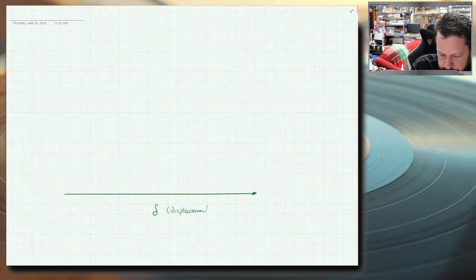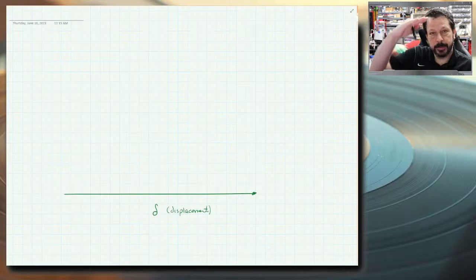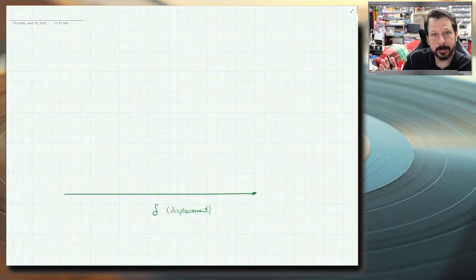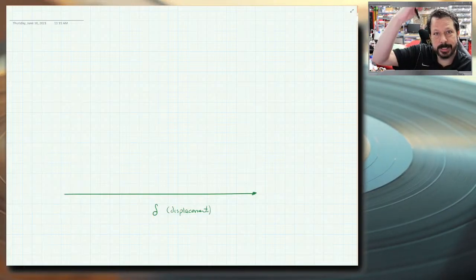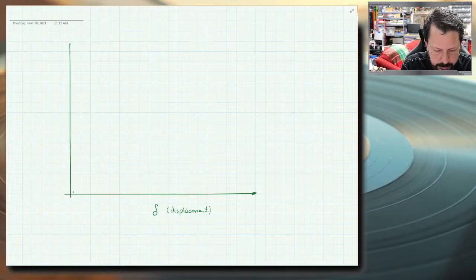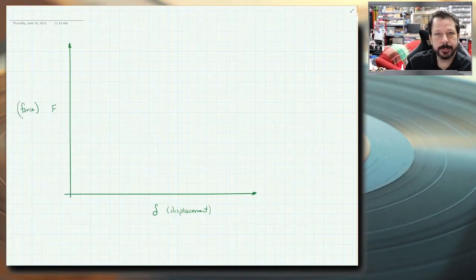So the way these machines work is the top part is affixed to a movable structure. Maybe there's a hydraulic cylinder or there's some power screws that lift the top crosshead, and you measure that displacement. At the same time that you're doing that, you are measuring the force, we'll call that F, and this force is measured by a load cell.